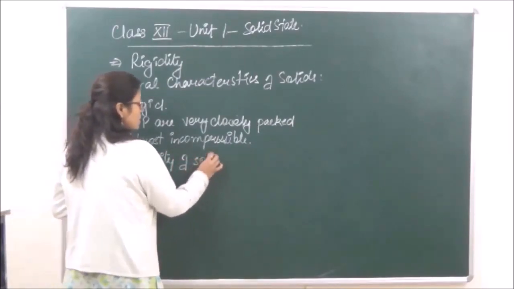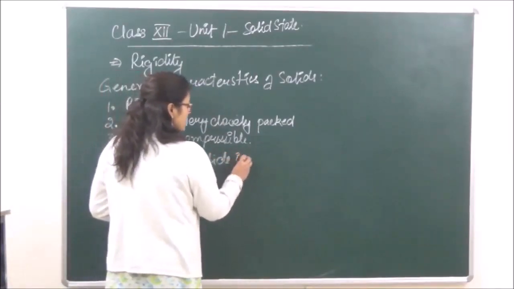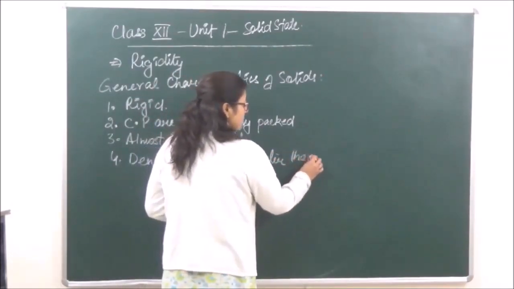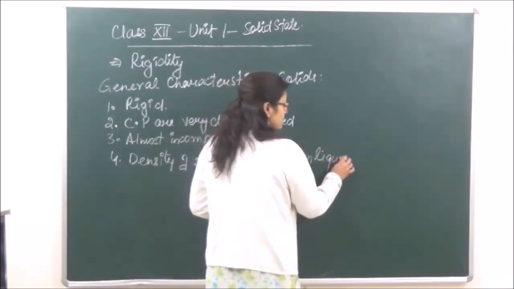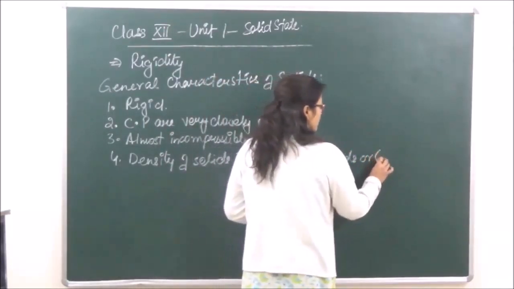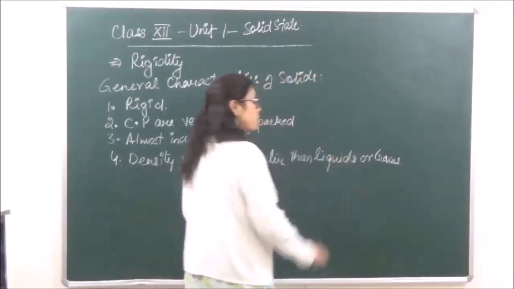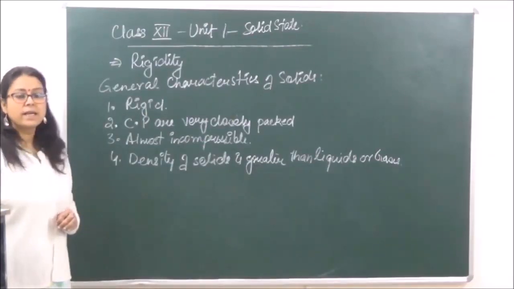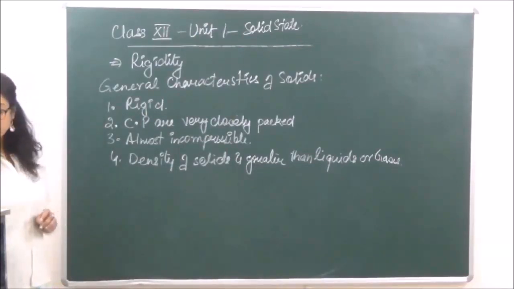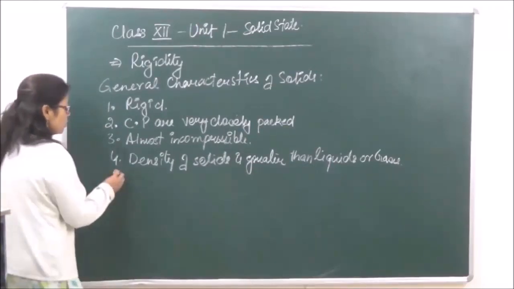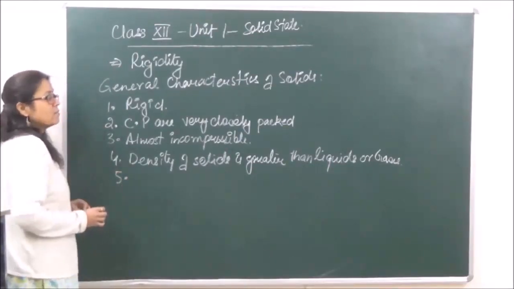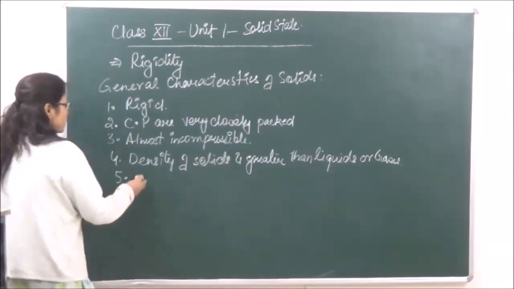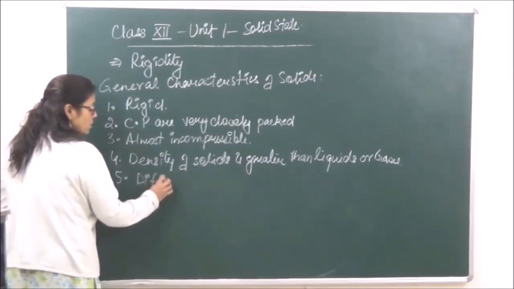The density of solids is greater than that of liquids or gases, and solids diffuse very slowly. In fact, when we are talking of solids, we say that they do not diffuse at all.